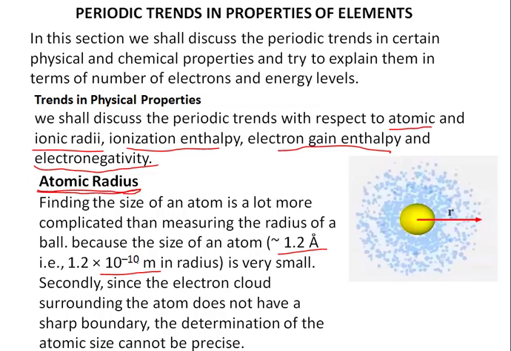And the second one is that the electron cloud, as you can see in this picture, doesn't have specific boundaries. So these two things make it difficult to calculate the exact or precise value of atomic radius. It is very difficult to calculate a precise value.